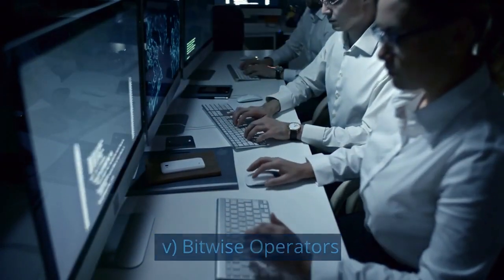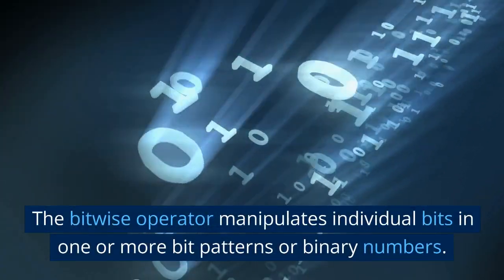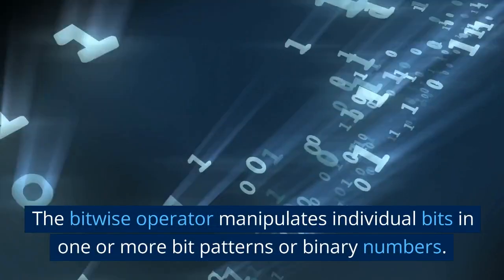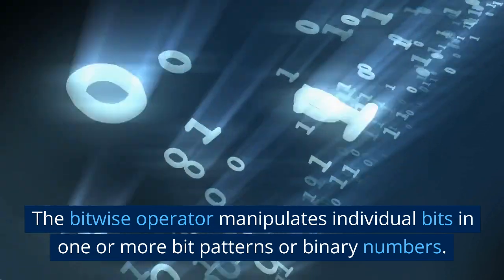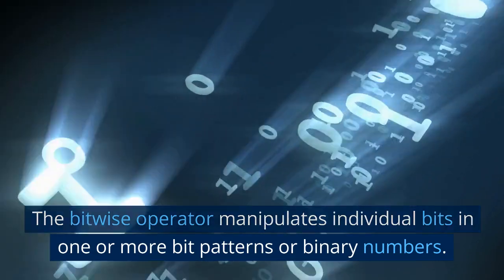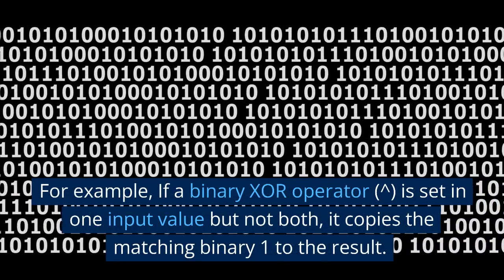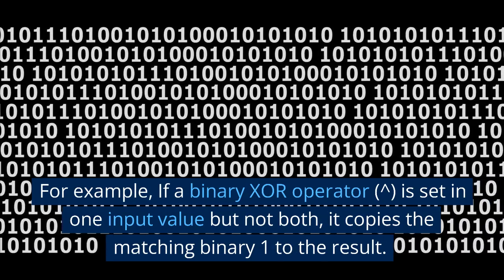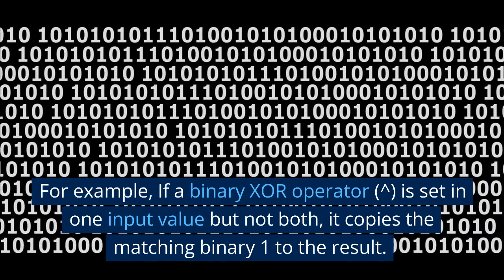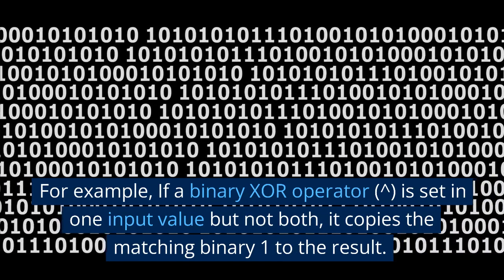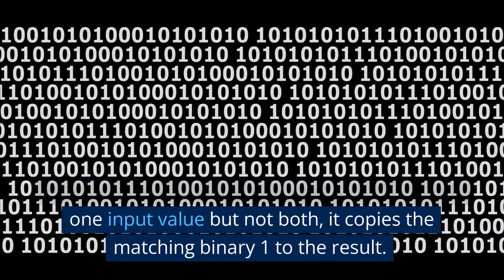Bitwise operators. The bitwise operator manipulates individual bits in one or more bit patterns or binary numbers. For example, the binary XOR operator, caret, if set in one input value but not both, copies the matching binary 1 to the result.